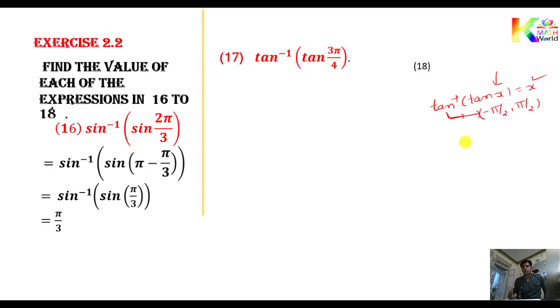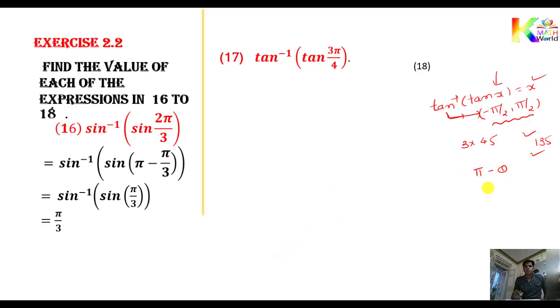So 3 pi by 4, it means 135 degrees. So again you can see this is the second quadrant, and the second quadrant is not possible for this one. So with the help of the second quadrant, we can express it as pi minus theta.